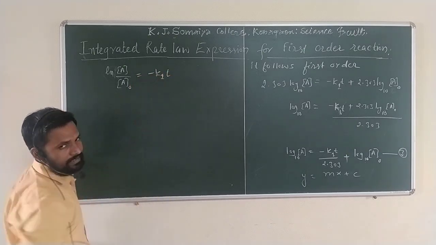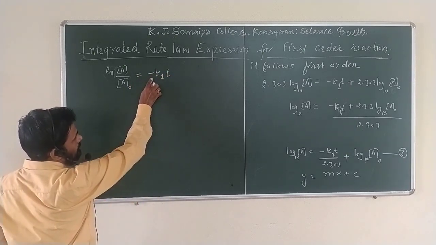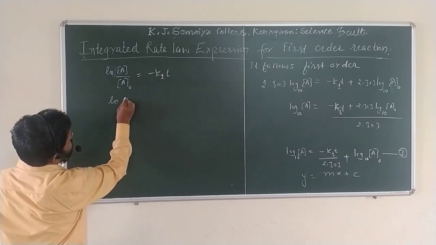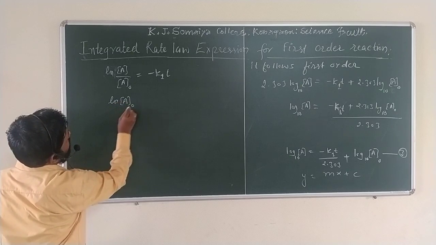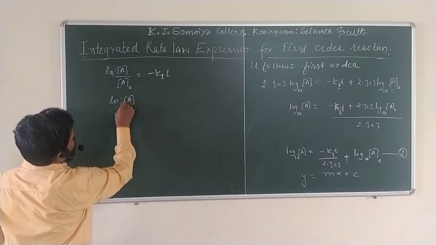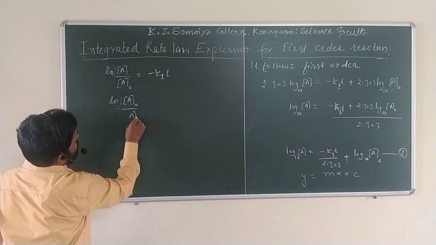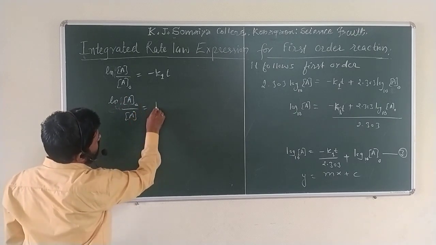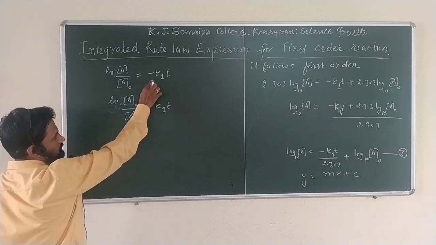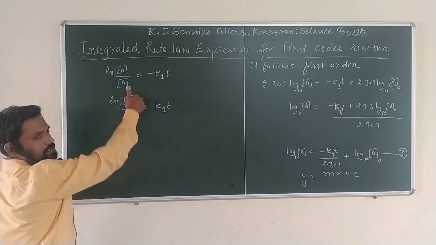With this equation we can find the rate constant. Now if you change the negative sign, this becomes ln of concentration of A0 upon concentration of A equal to K1 t. What I did is, when you change the negative sign, the fraction becomes reversed.